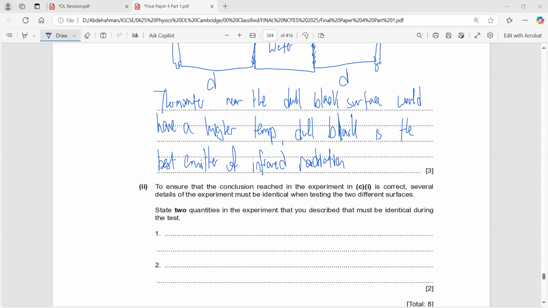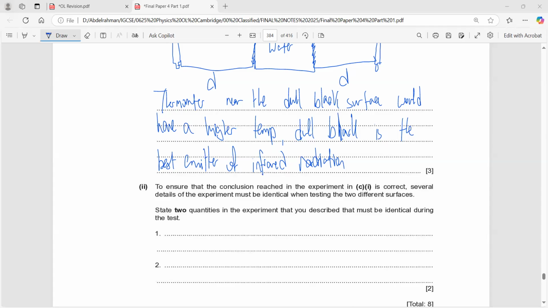For example, same initial temperature of the water, same volume of the water, same time left, same lid or no lid, same initial temperature of the thermometer, ماشي, or you might actually mean same room temperature.